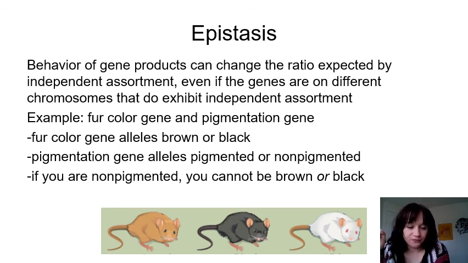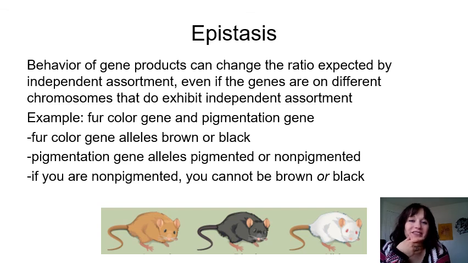And so you could have an individual that is homozygous black for the fur color gene, but homozygous non-pigmented. And so in this case, that animal is going to be white. It's not going to produce pigment, and so it doesn't matter whether it got the allele for brown or black. It doesn't even have the ability to form pigment, right?